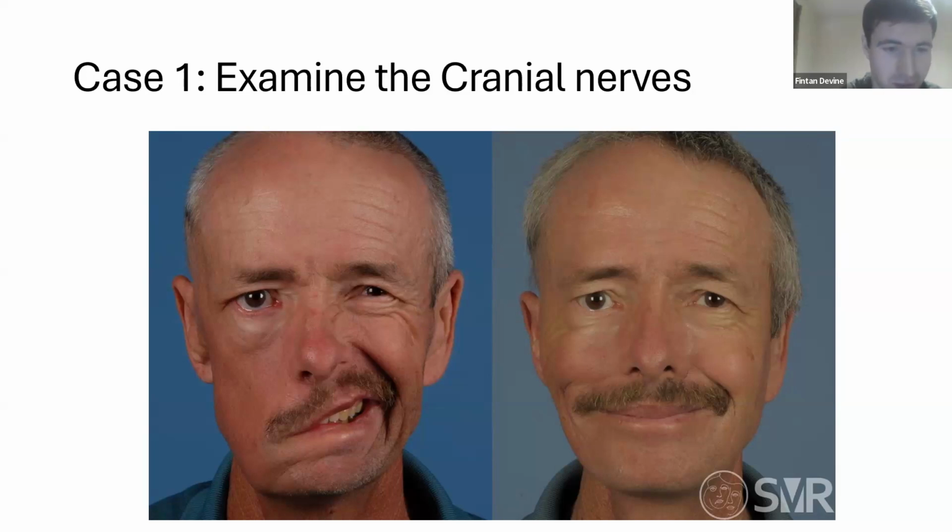I also found that he's got weakness on neck rotation to the right, as well as shoulder shrug on the right, a deviated tongue and loss of gag reflex. He's also got a right-sided sixth nerve palsy, and grossly, he's got reduced hearing on the right side as well.